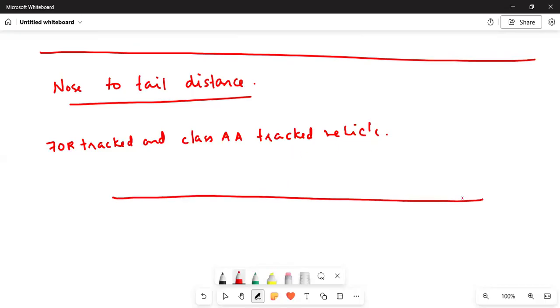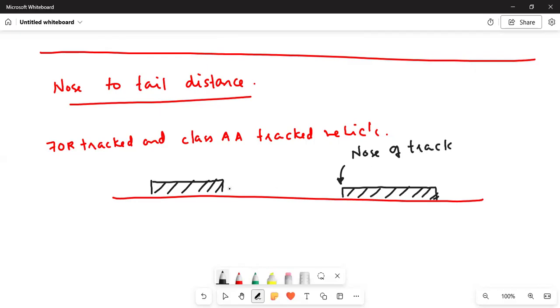If this is the bridge that you have, and this is one track that you're putting, and this is another track. This is known as the nose of the track, and this is known as the tail of the track.